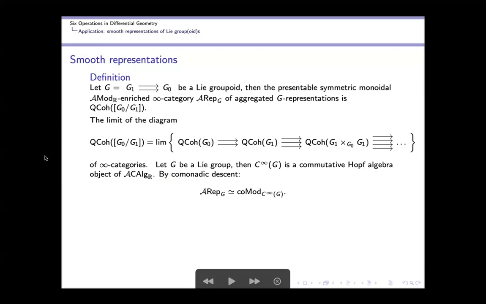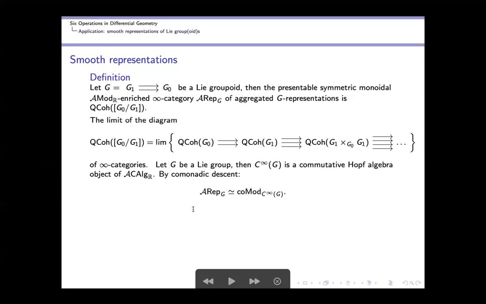If you have an algebraic group, its ring of regular functions is a Hopf algebra in the category of commutative rings. And the same is true here. So this showcases that with this categorical setup, we can just do differential geometry as if we were doing algebraic geometry.